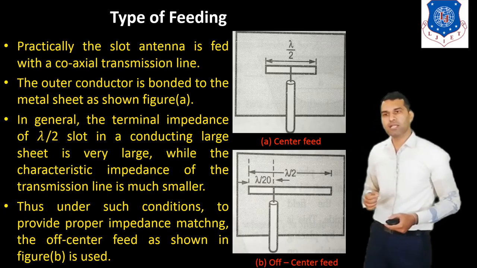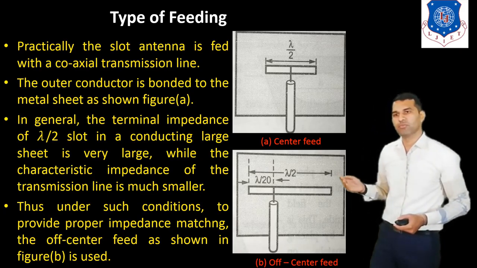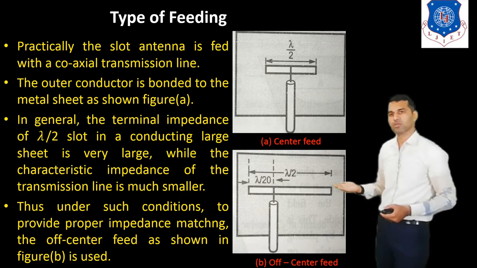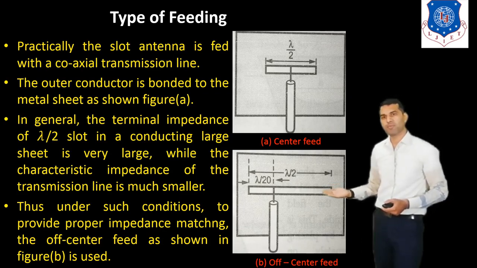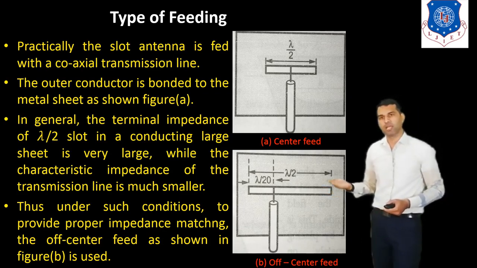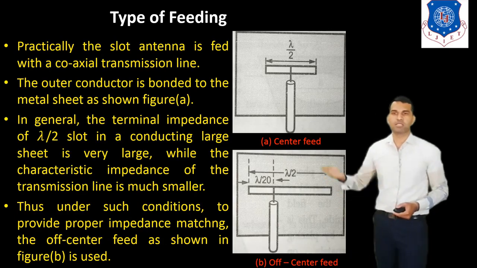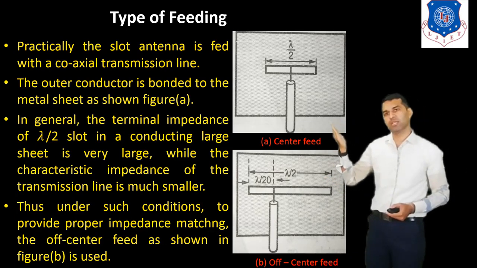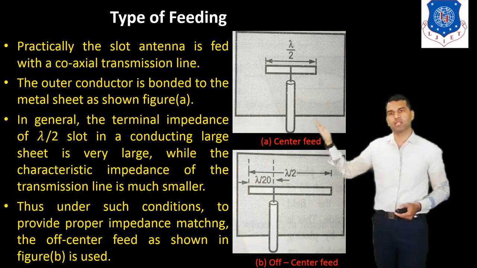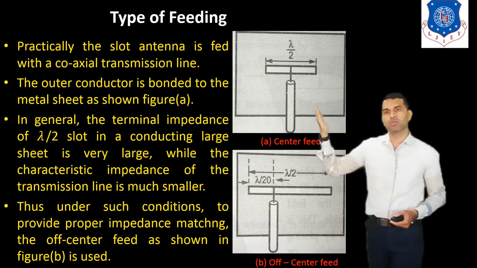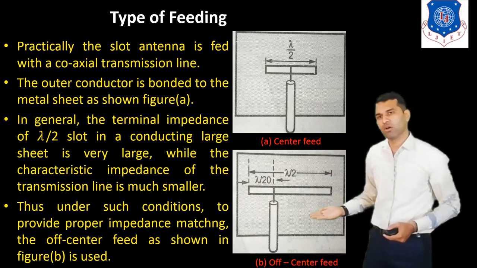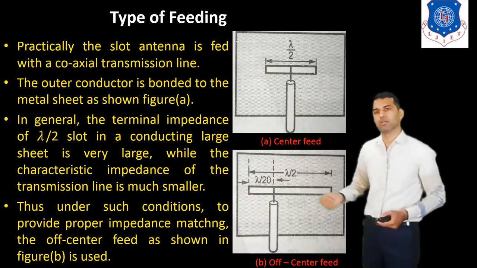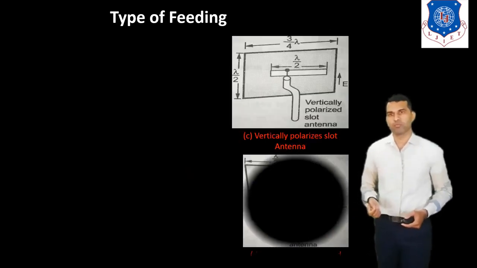the offset feed as shown in figure B is used. So here, this is the offset feed we use in such a condition. This is a center feed method. So here in this method we give the input supply, that means the transmission line. We can see here, this is given at the center, and this is the offset we have given in the feeding system.